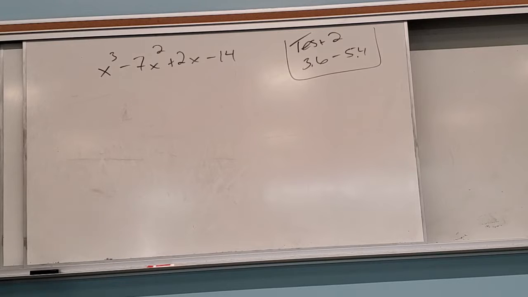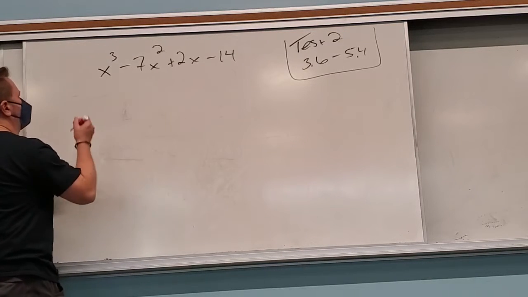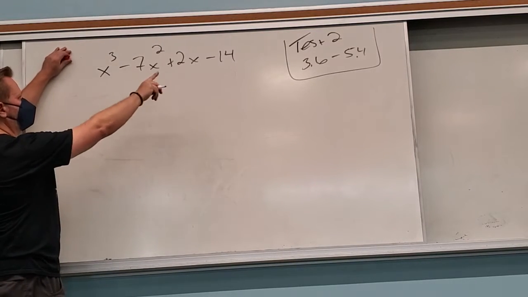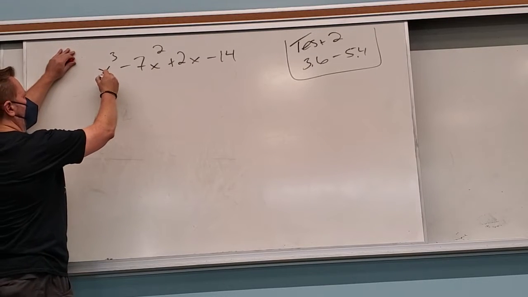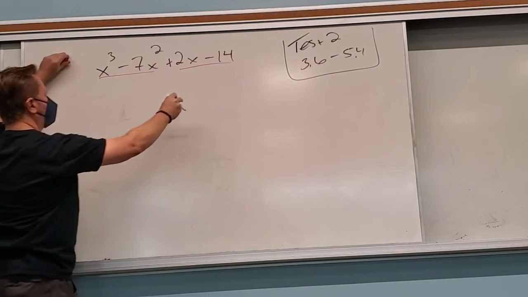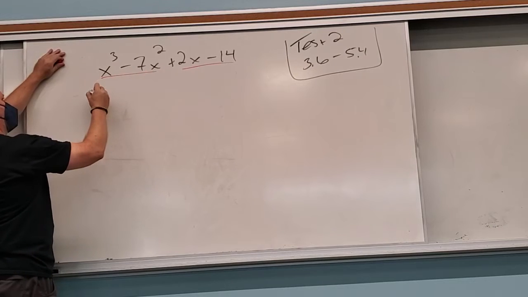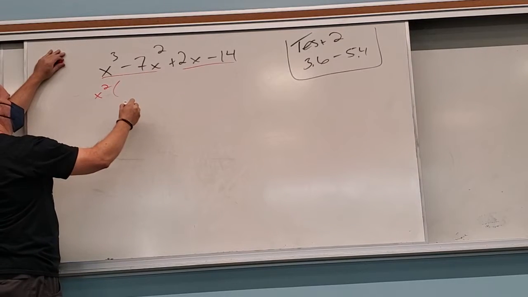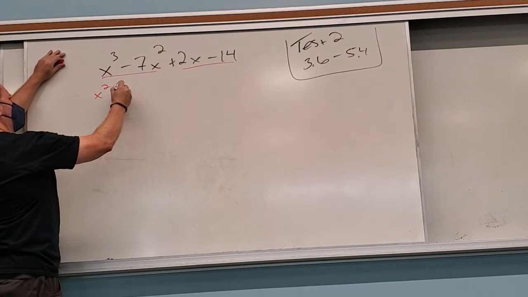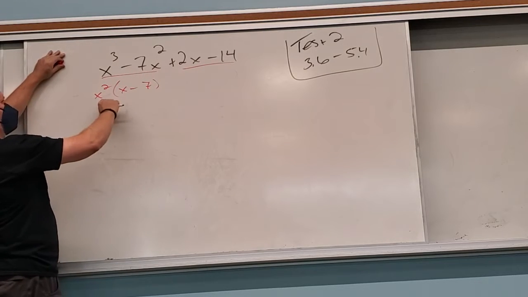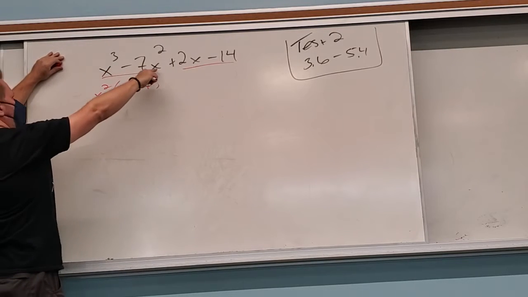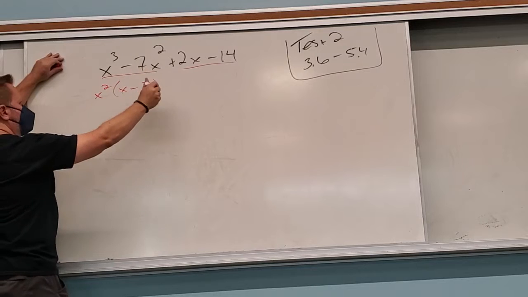All right. So what method are you guys using to factor this? Yeah, there's 4 terms. You do grouping. What comes out of these two? X squared. So 2 less x's. Took those 2 x's, so it's just a 7.